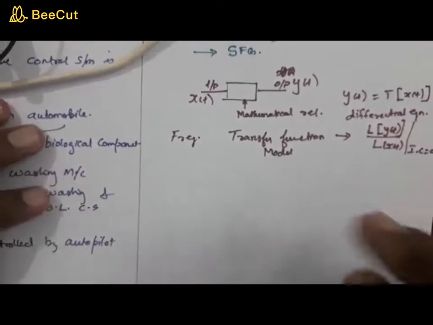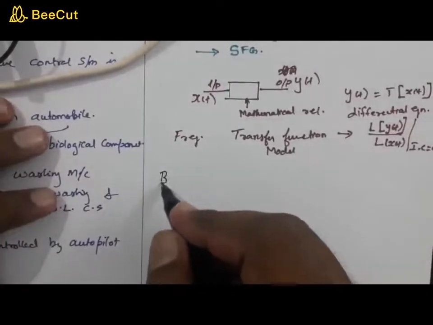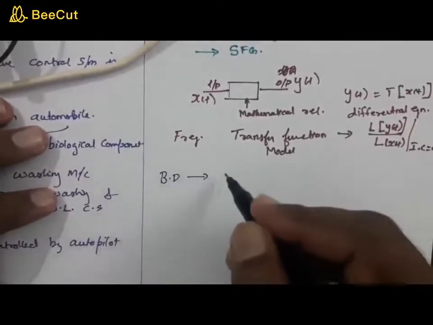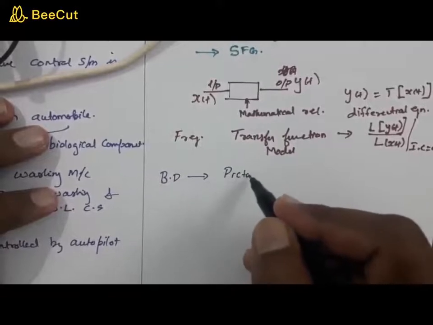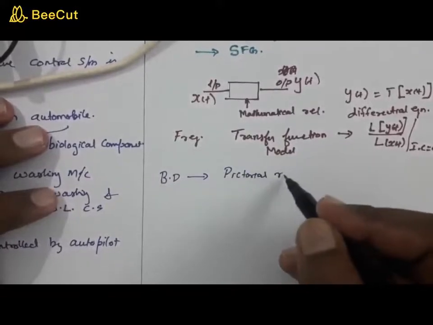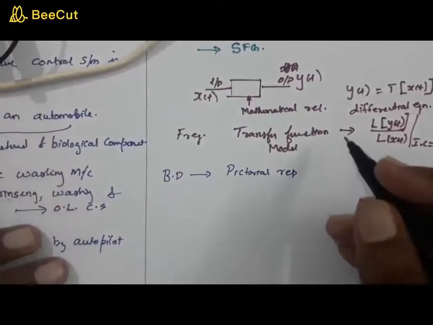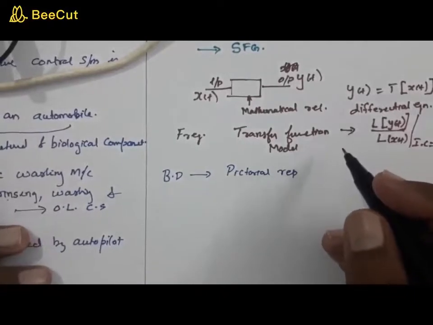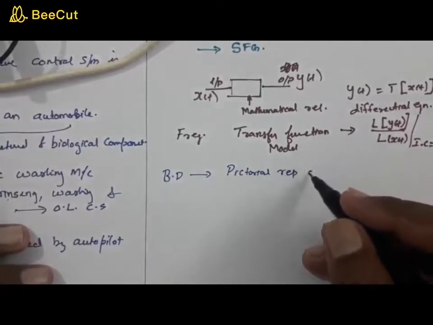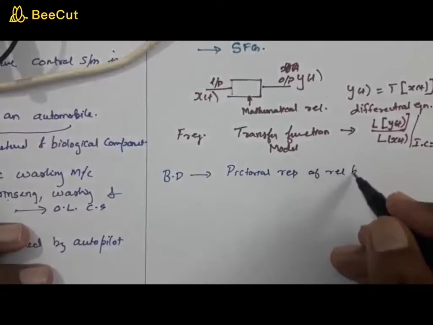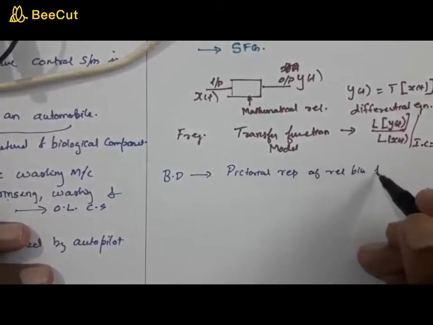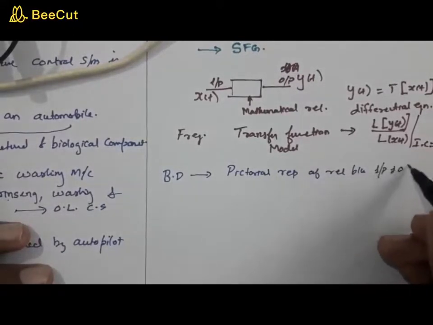Okay, now next is the block diagram model. In the block diagram model, what it does is it is just a pictorial representation of the relationship between input and output. I will explain what it is.